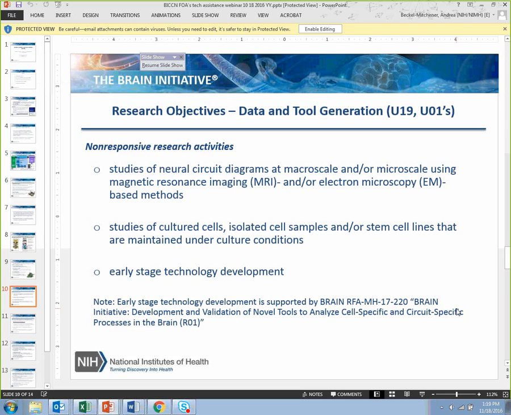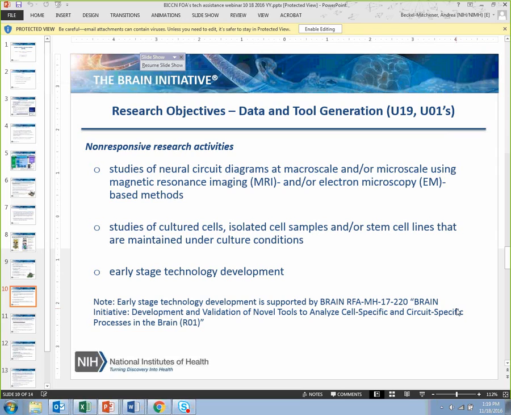And for the early stage technology development or tool development, there's another cell census BRAIN Initiative RFA, RFA-MH-17-220, that RFA supports the technology and tool development.